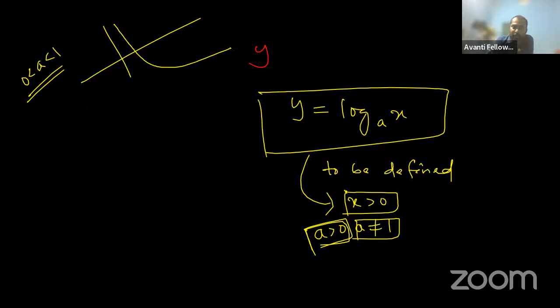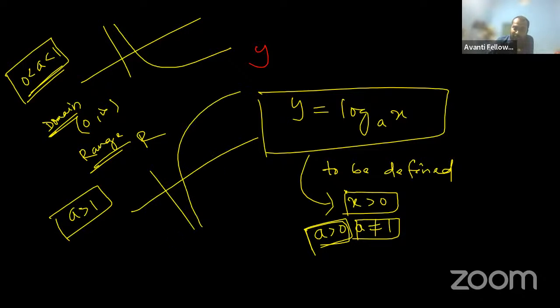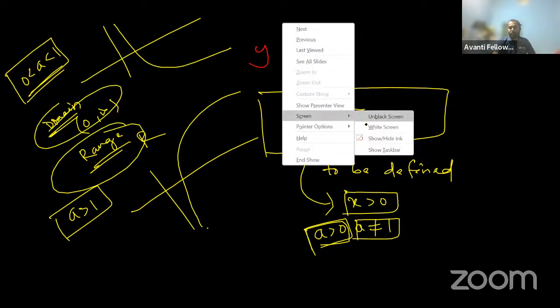The domain is 0 to infinity and the range is R. When a is greater than 1, this is my first case, the graph is increasing like this. The domain is the same, the range is the same. Okay? These are all about your logarithmic functions. I hope all of you have covered all these things, right?